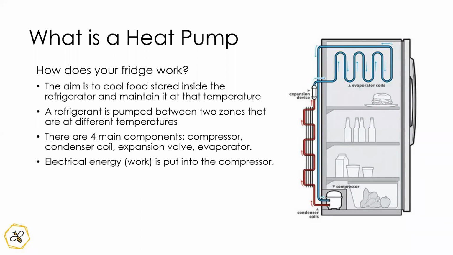There are four main components to the circuit. You've got your compressor, which is basically a pump. You have a condenser coil. You have, which is this at the back, the expansion valve or a throttle device, and then you have your evaporator coil. And the electrical energy is mainly put into that compressor part.